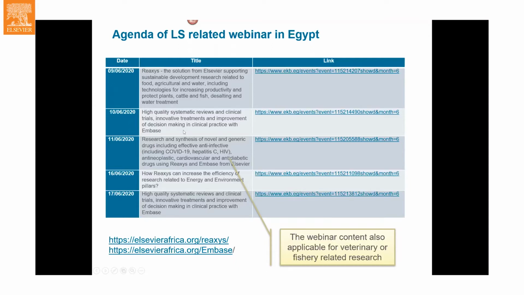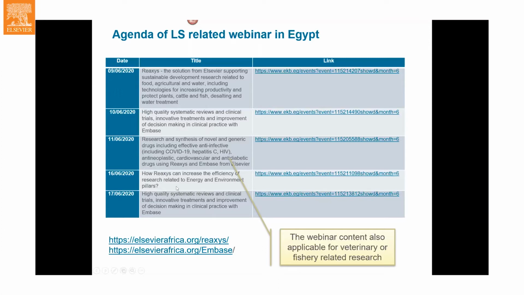Today we have a webinar related to high quality systematic review and clinical trials. Tomorrow we will have a very interesting webinar focused on drug research and development, which would cover the development of anti-infective drugs, for example, against COVID, against hepatitis, against HIV, and other drugs using both Reaxys and Embase from Elsevier.